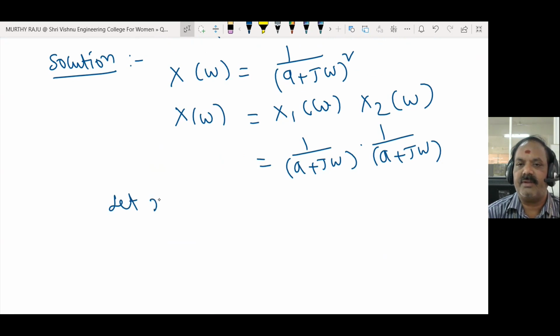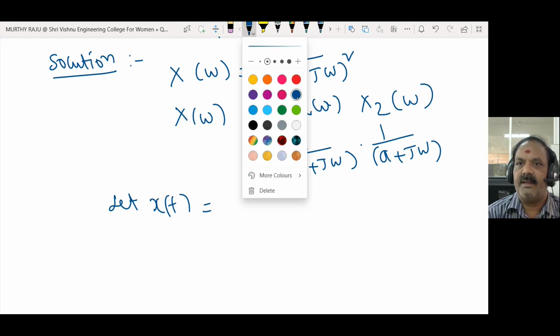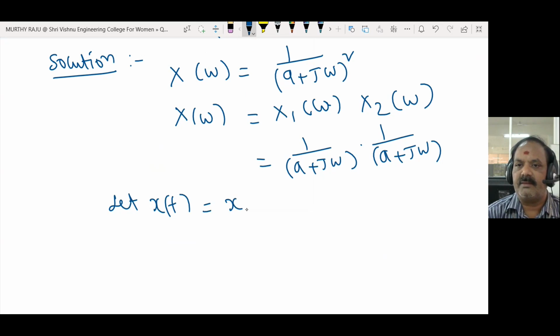Let x of t be equal to x1 of t convolution with x2 of t. Now we have to find out x1 of t and x2 of t.